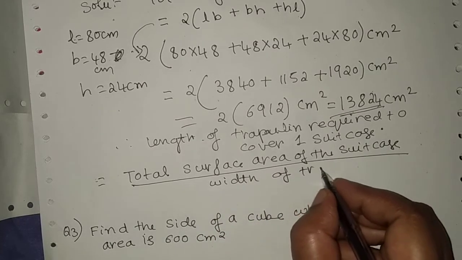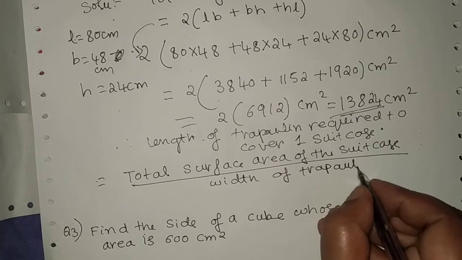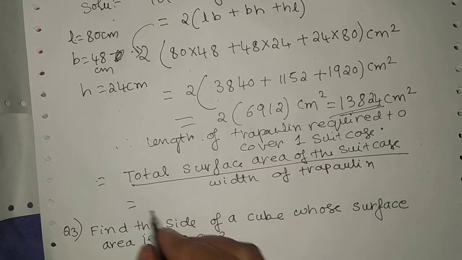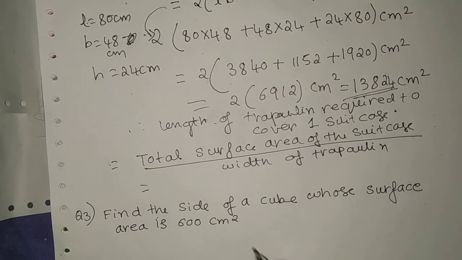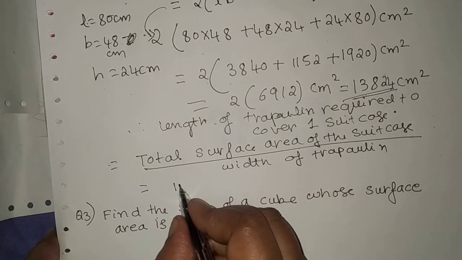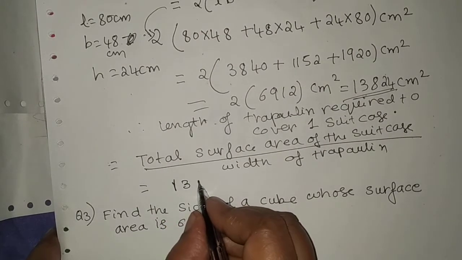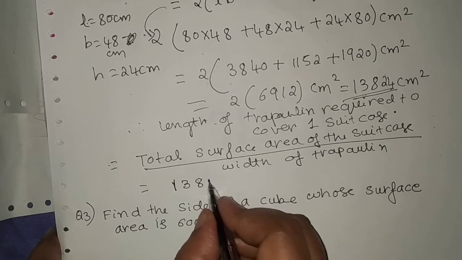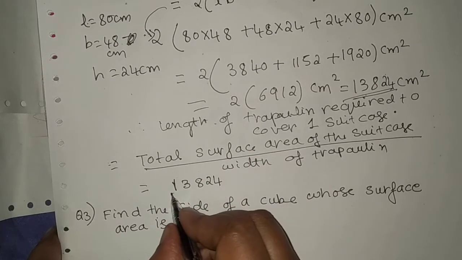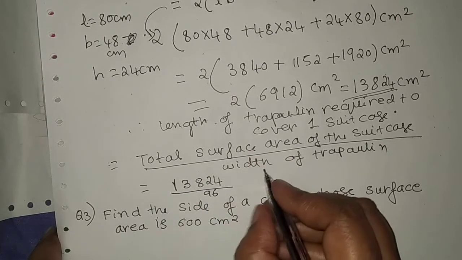So width they have given, so we have to use this formula. What is the total surface area of the suitcase? We got total surface area as 13824 divided by the width, which is given as 96.